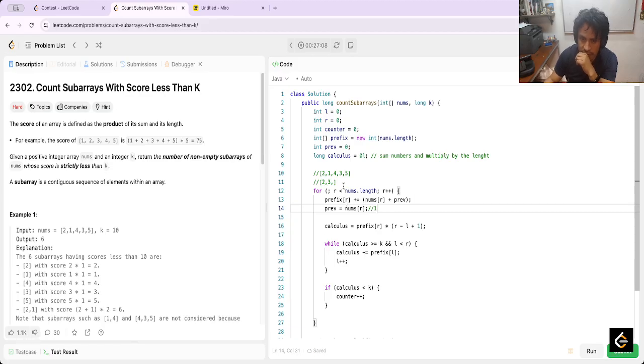Now prefix in this position is equal to 4 plus 1, is 5, and this is wrong because it should be 7.